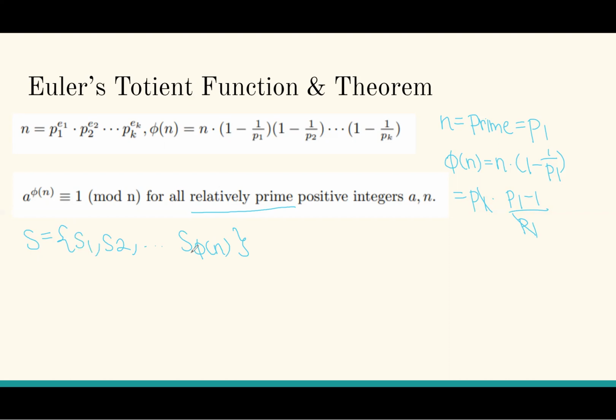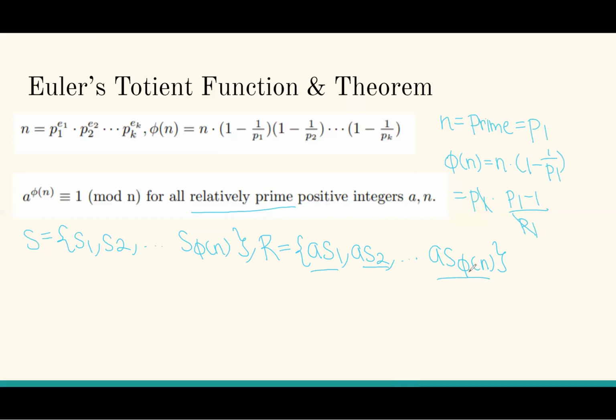Now, let's think of another set, which is R. R is equal to A times S1, A times S2, all the way to A times S phi of n. Now let's note something. A and n are relatively prime, and each S value and n are relatively prime. So that means that each of these values is relatively prime to n.